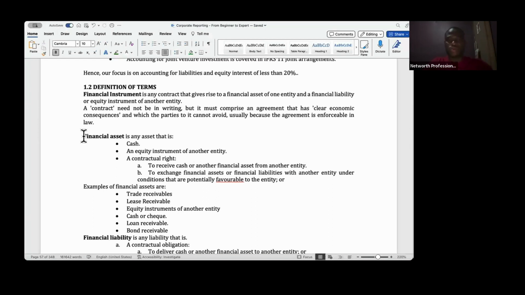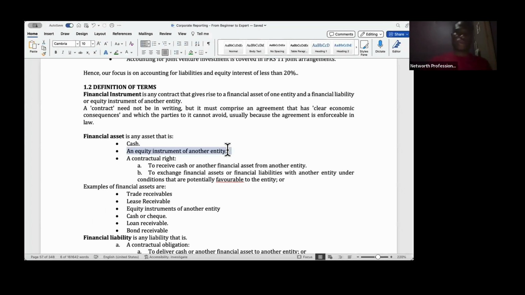What I need you to remember is these three things when it comes to a financial asset. One, you need to understand that a financial asset can be cash. Secondly, when you invest in shares, when you buy shares in another entity, that is what we call an equity instrument of another entity.